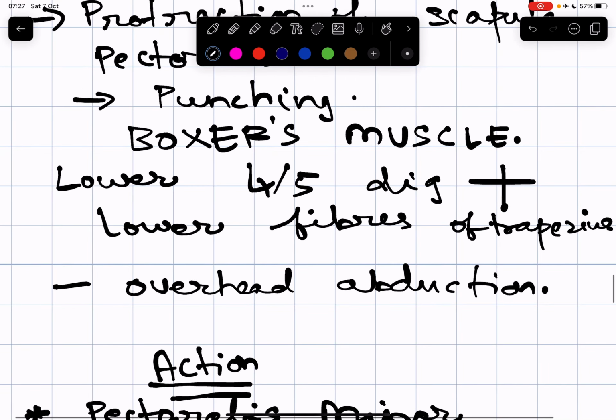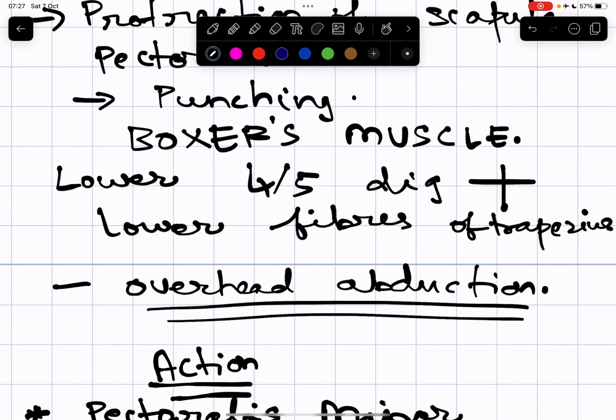So the overhead abduction of the shoulder is actually done by serratus anterior together with the lower fibers of the trapezius muscle. Now we know why the nerve supplying serratus anterior is known as the nerve of Bell. You have to overhead abduct to ring the bell, right? Church bell. So that is why the nerve of Bell.